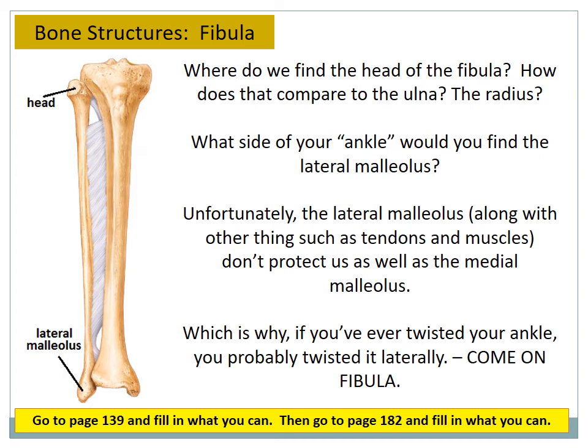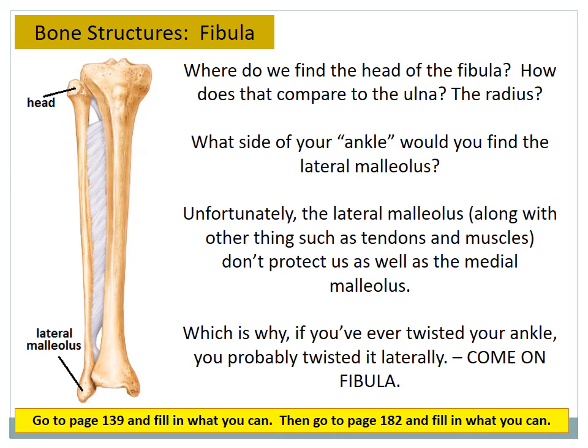What side of your ankle would you find the lateral malleolus? Yeah, the lateral malleolus is on the lateral side, so it's on the outer side of your ankle. Unfortunately, the lateral malleolus, along with other things such as tendons and muscles, doesn't protect us as well as the medial malleolus.